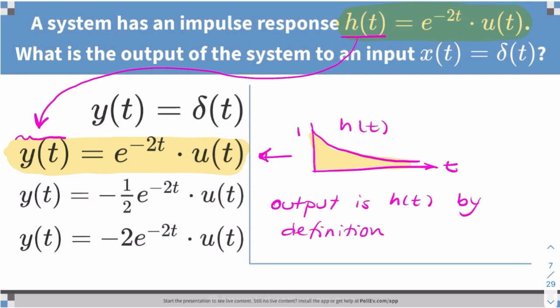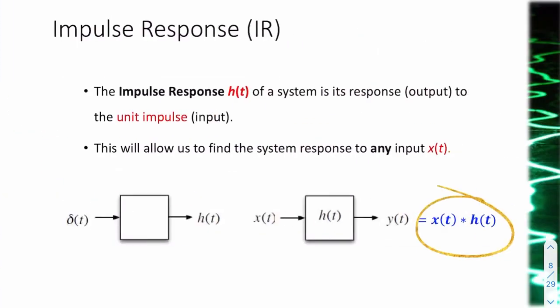Okay, so you might think this is a really silly question. I'm stressing it because once this makes sense to you, many other things will become almost obvious. I just said 2 slides ago that knowing the impulse response, you can completely describe a system. That means you can find the output for any input. So this is my system.